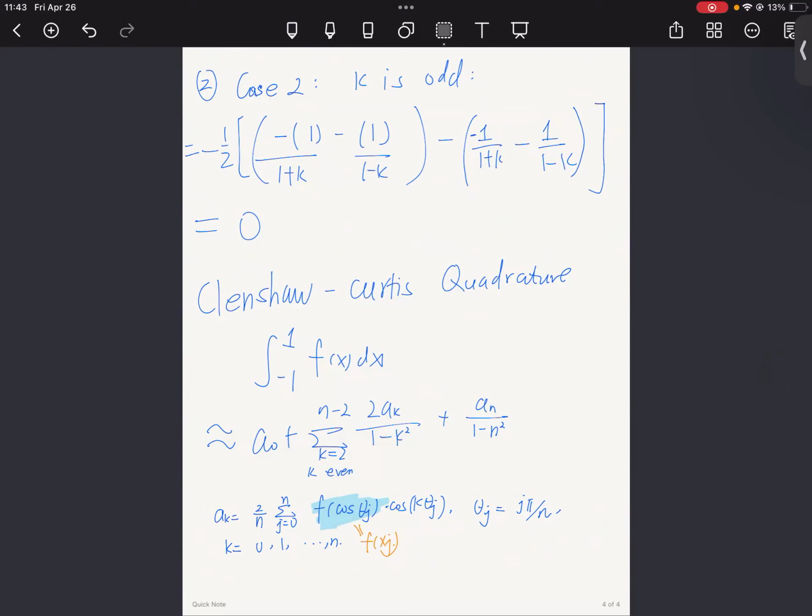This is the number we have here for a_k. And a_k is easy to calculate with the fast Fourier transform, and this should be mentioned in Math 104A. If it is not mentioned, it doesn't matter. You can treat it as just some constant, and then there's some summation here.